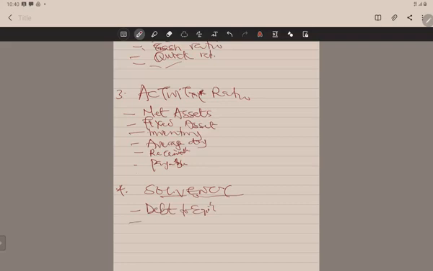After my debt to equity, I have my interest cover. Then that is the major one.